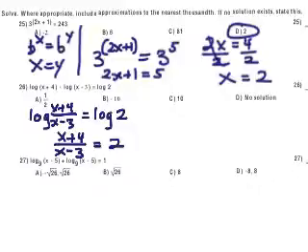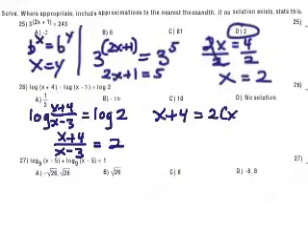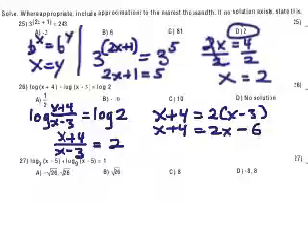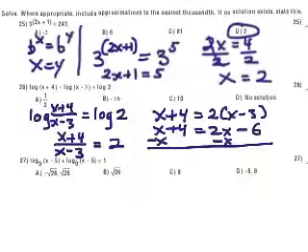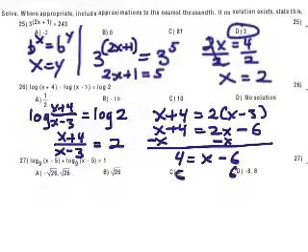We multiply both sides by x minus 3, and we get x plus 4 equals 2 times x minus 3. X plus 4 equals 2x minus 6. And then we'll add a negative x to both sides, and we get 4 equals x minus 6. Add 6 to both sides, and we get x equals 10.